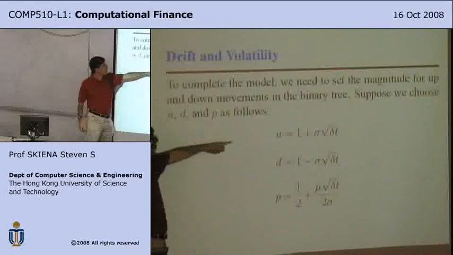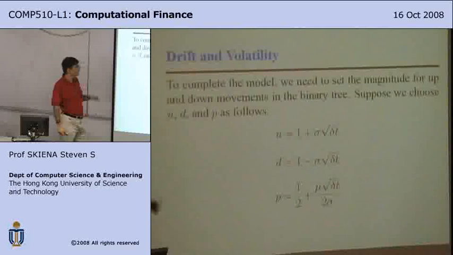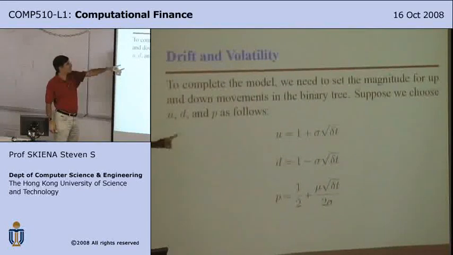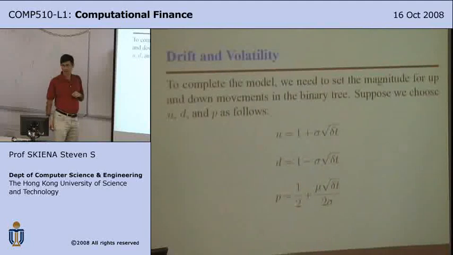Here they say the upward movement is 1 plus sigma, that volatility parameter, over the square root of the time parameter. The downward movement is 1 minus that.